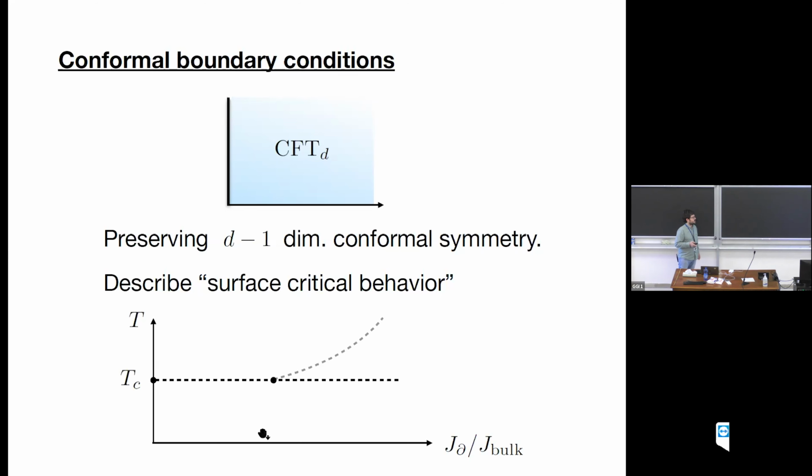And if we vary this parameter, we can have different kinds of correlators on the surface, which are in one-to-one correspondence with the different possible conformal boundary conditions for the Ising CFT. Okay. So along these lines, we have different possible conformal boundary conditions.